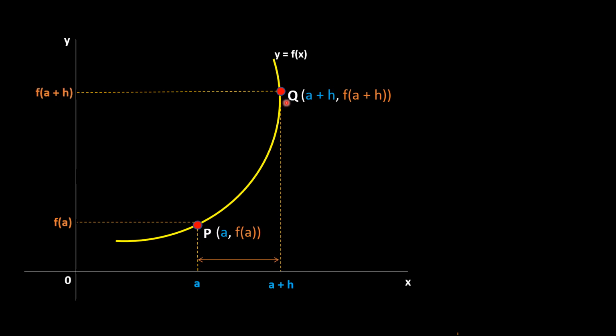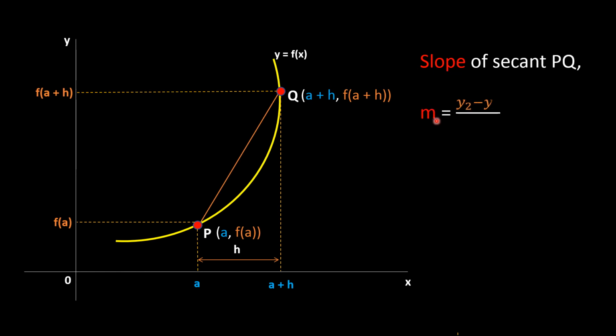Now point Q is very close to P such that its horizontal distance h from P is infinitesimally small. Draw secant PQ. Now slope of secant PQ will be m equals y2 minus y1 divided by x2 minus x1.